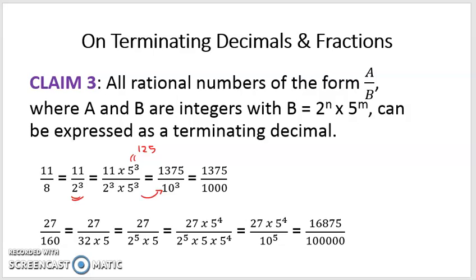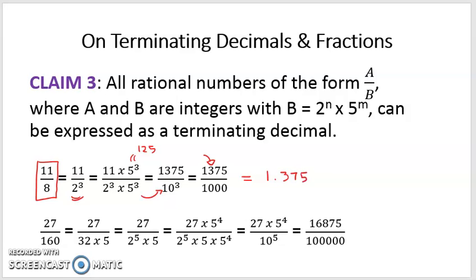So I've taken this fraction, 11 over 8, and I've written it as a fraction over a power of 10. And now, using what we did in the earlier claims, we know that's just 1.375.